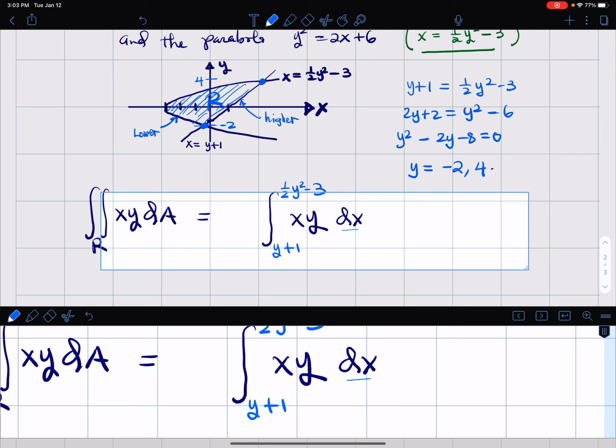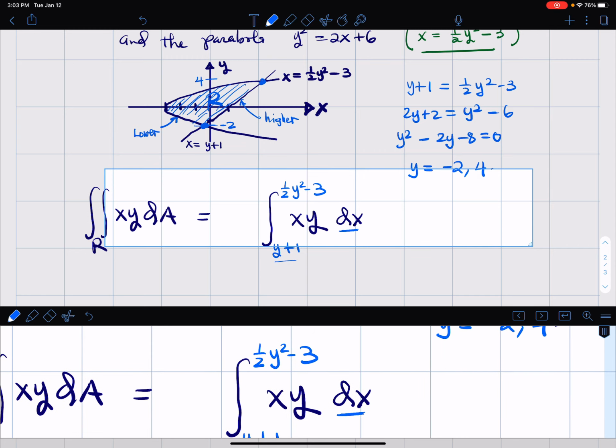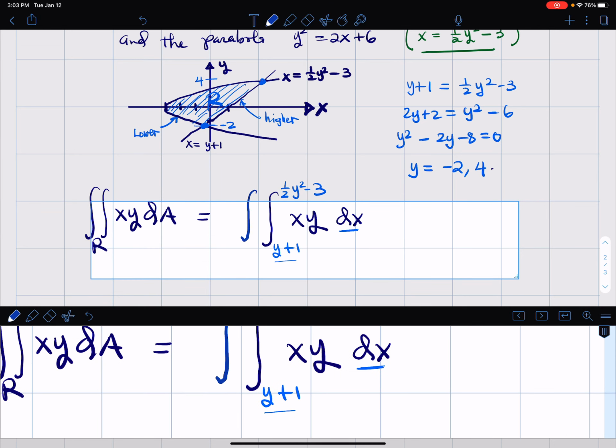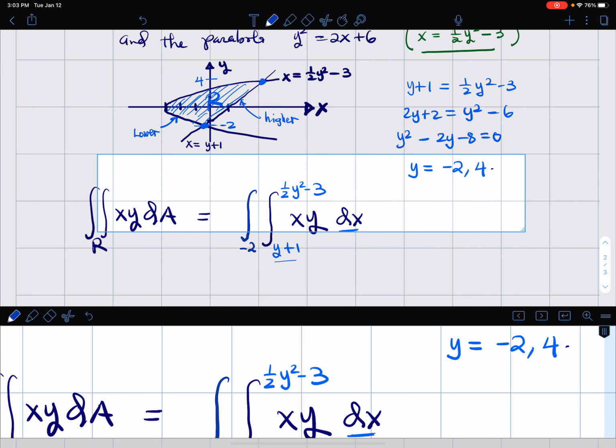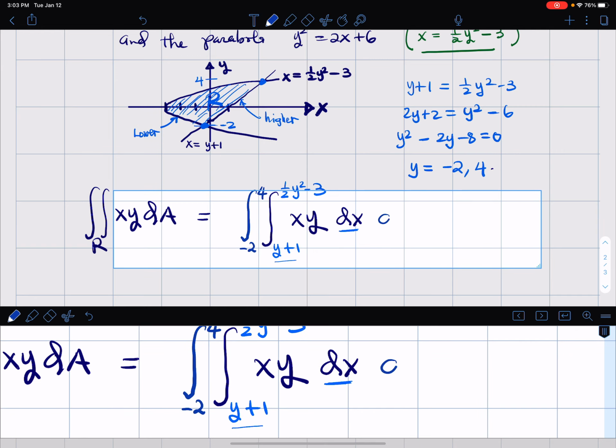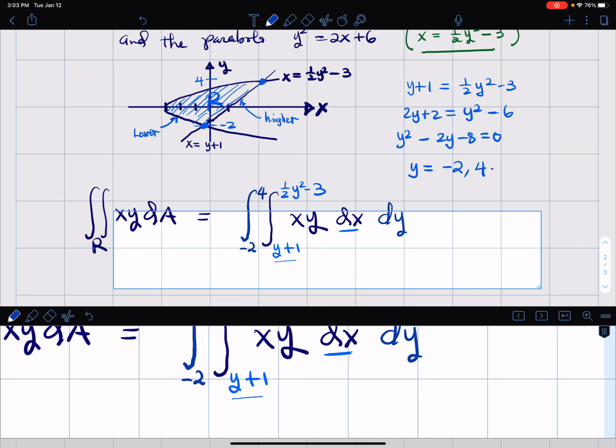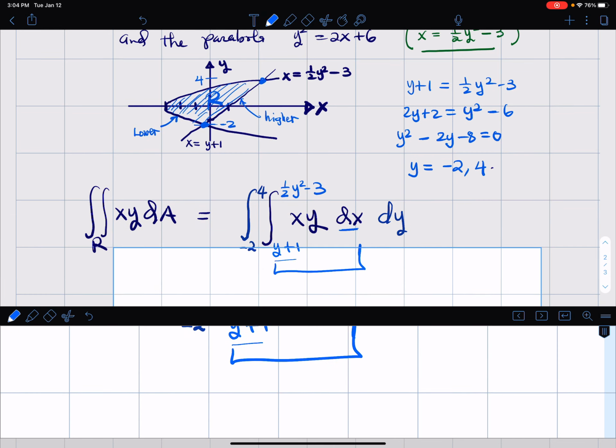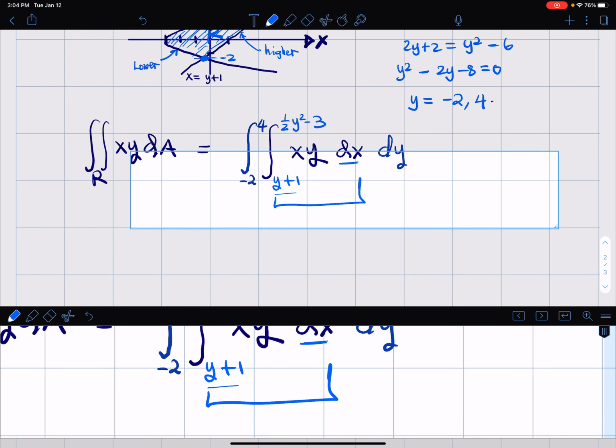Whenever you have the x here inside, this function has to be a function of y. Then the next integral is just going to be from negative 2 to 4 dy now. So you perform this integration first, and then you perform this one later on.